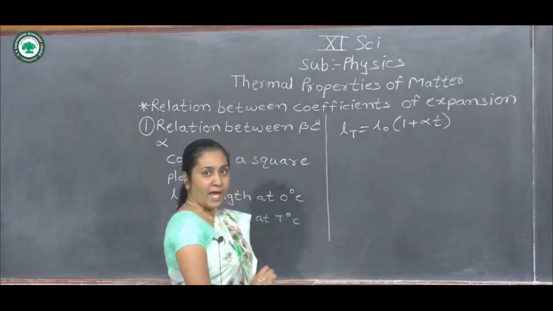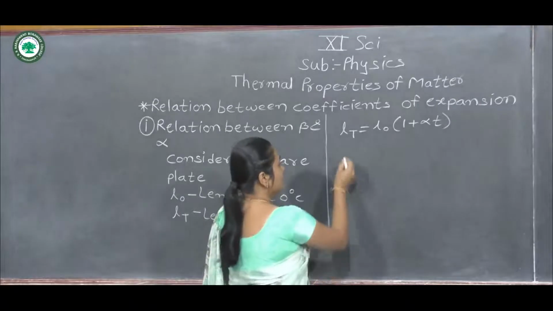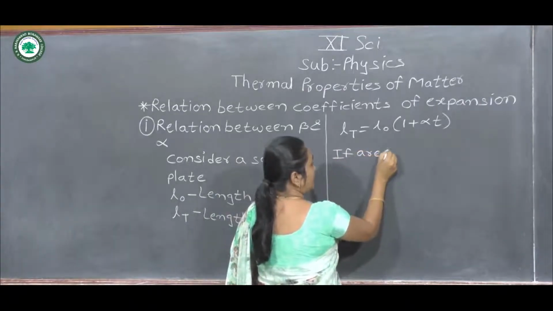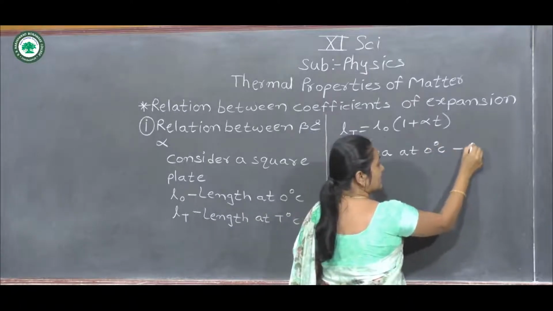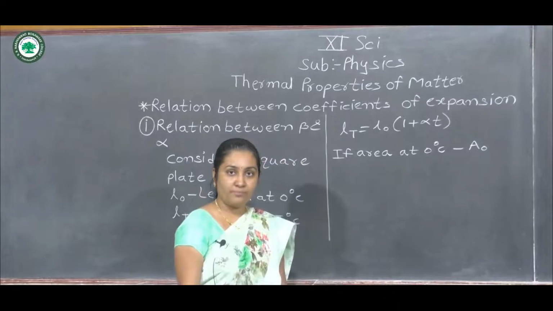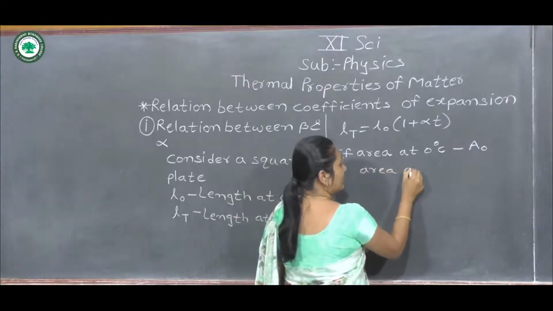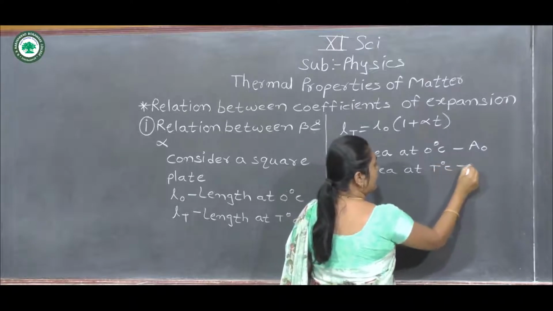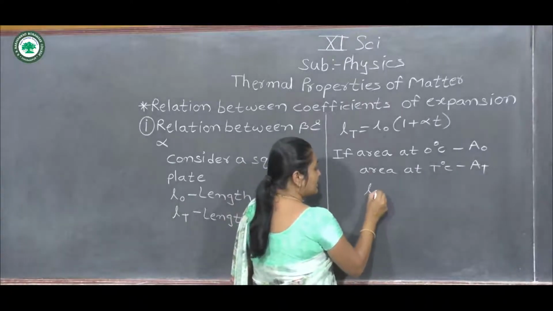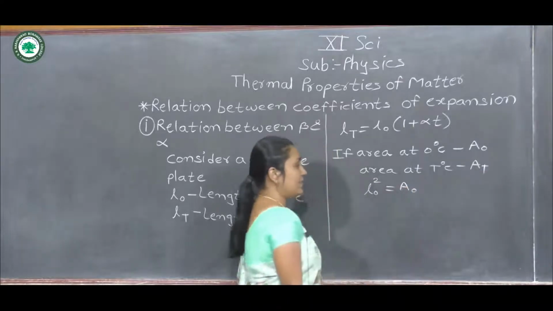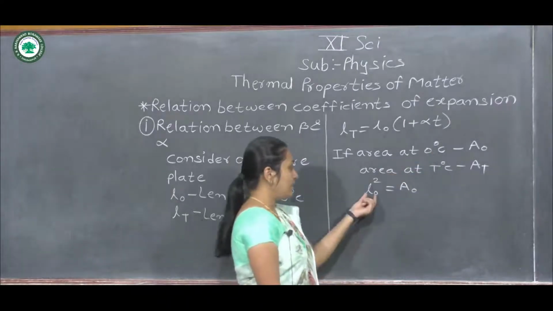Now if we assume that the area of this square plate at 0 degrees Celsius is A0, and similarly the area at T degrees Celsius is denoted as AT, then we can write that L0 square is A0, the area of the square plate at 0 degrees Celsius.